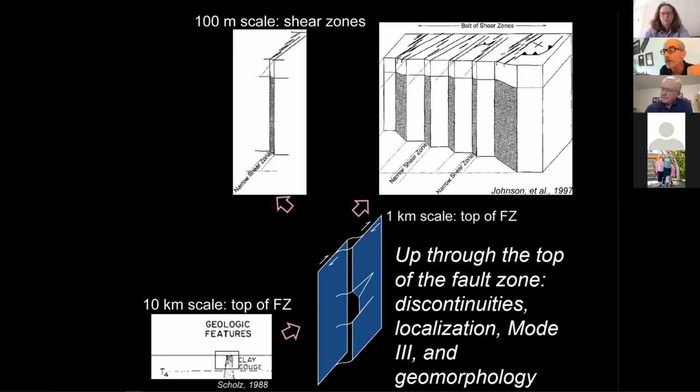And we'll probably read this paper, the Johnson et al. paper, which is a really interesting one. But again, it shows that filter, how we're going from the fault zone at depth through these discontinuities to shear zones at the Earth's surface. And obviously, if you have one earthquake, you shear at one time. But if we have repeated earthquakes, we're building the shear zone, building the topography of the fault zone.